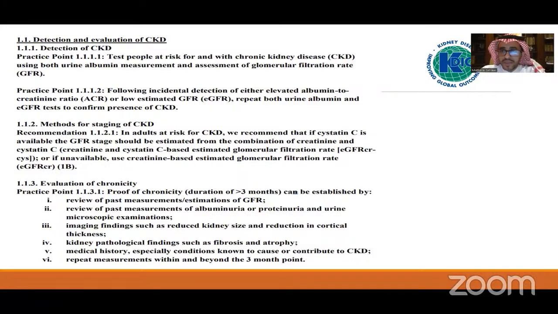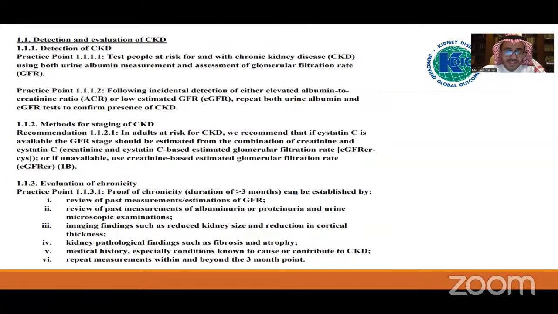However, because cystatin C is not always available, it is costly sometimes, the guidelines also accept and recommend using a creatinine-based GFR estimating formula.